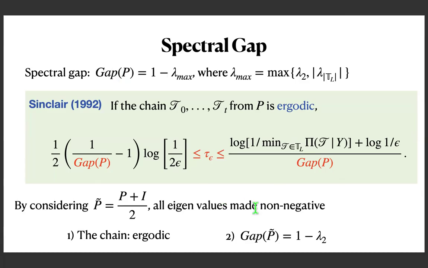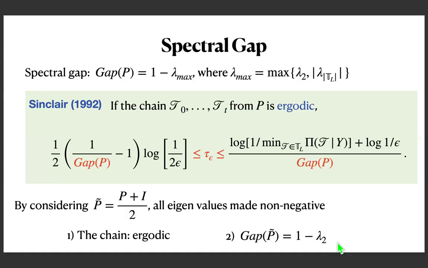In order to make our chain ergodic, we want to make it acyclic, so we made it a lazy version. What we also get out of this lazy version is that now the gap depends only on the second largest eigenvalue.